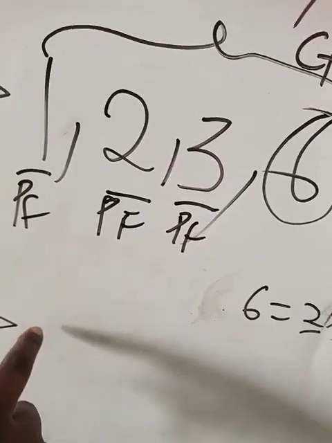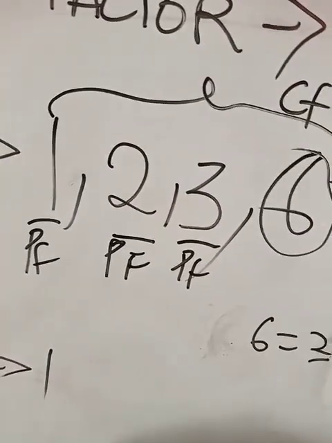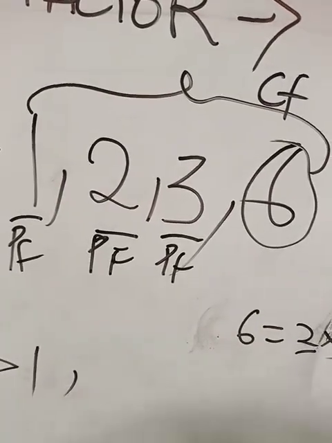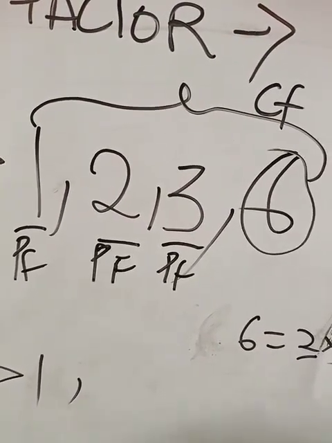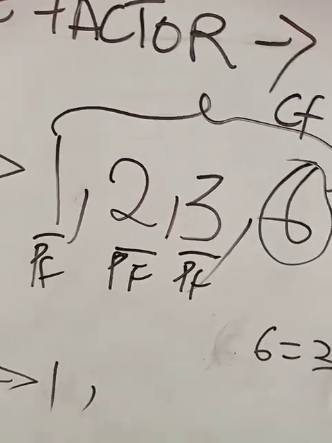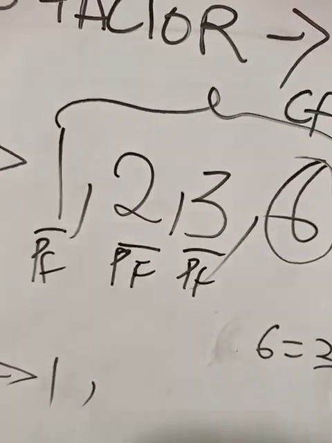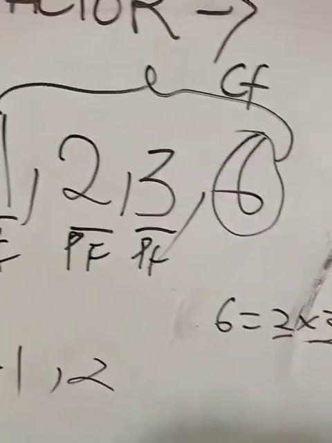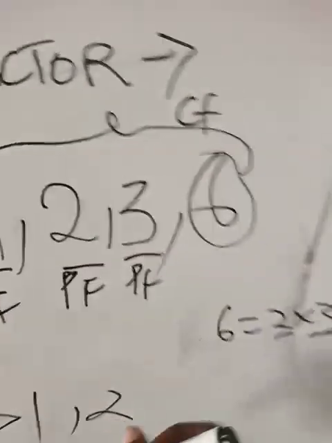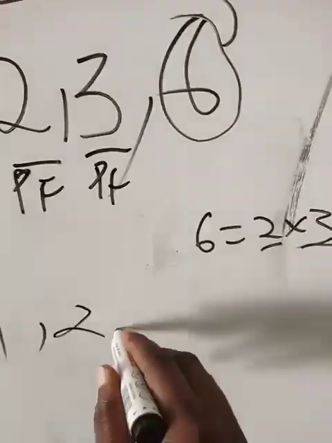In all the factors, 1 can only be divided by itself, and there's no other number that can divide 1 without giving you a decimal point. So 1 is a prime factor. We have 2, a prime factor. You move on. You have 3.